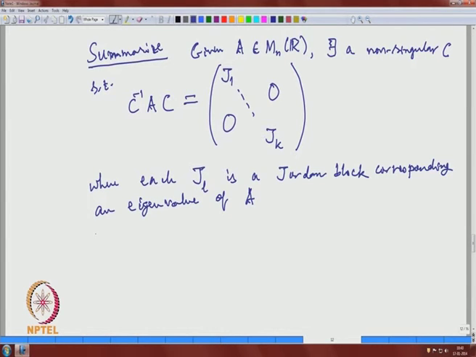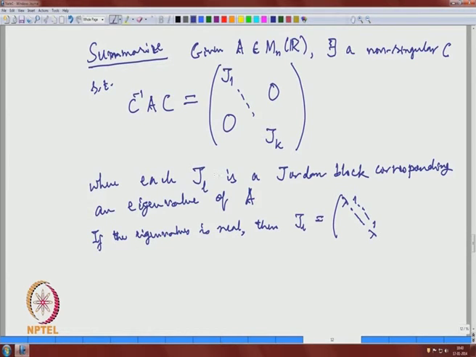And we have, so if the eigenvalue is real, then J_l will be very simple, lambda, 1, 1, and each J_l might contain several blocks.